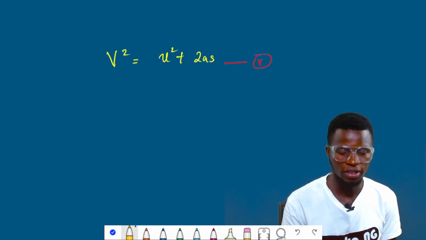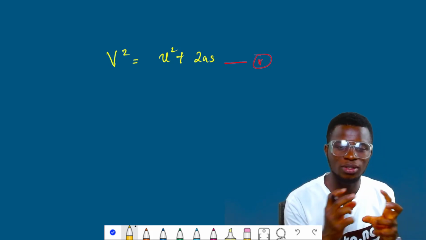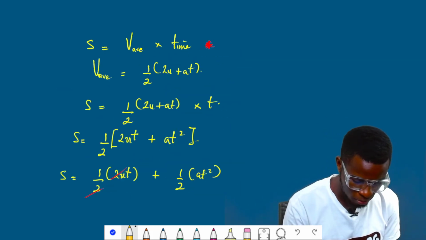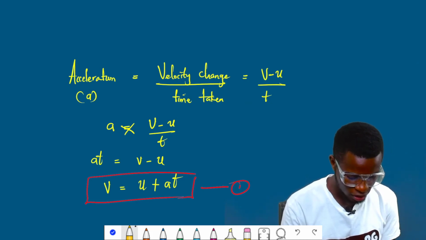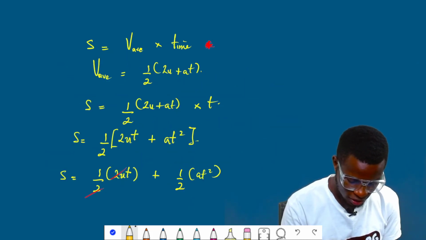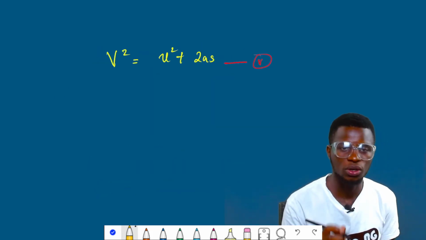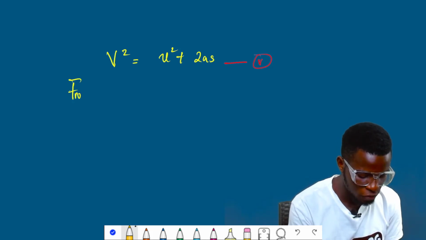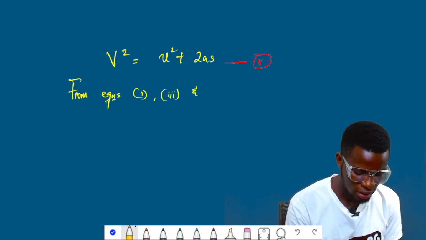Now we can bring out the most important equations that we have, which are from equations 1, 3, and 5.